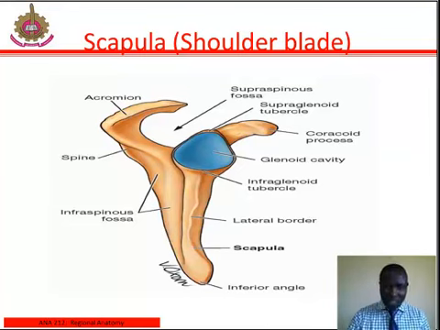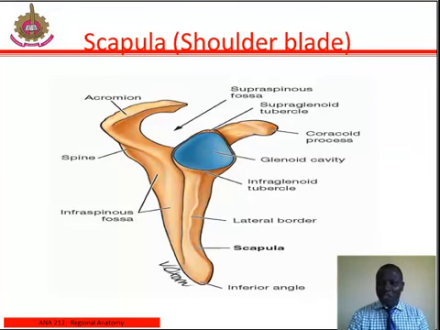As you can see on this slide, the scapular spine is on the posterior surface and it expands into a terminal process known as the acromion process. Above the spine is the supraspinous fossa. Below the spine is the infraspinous fossa.